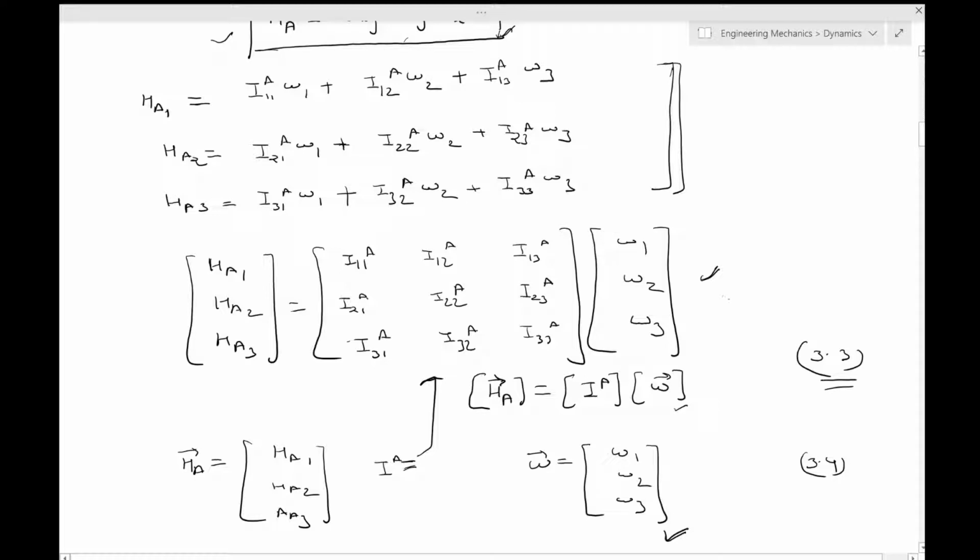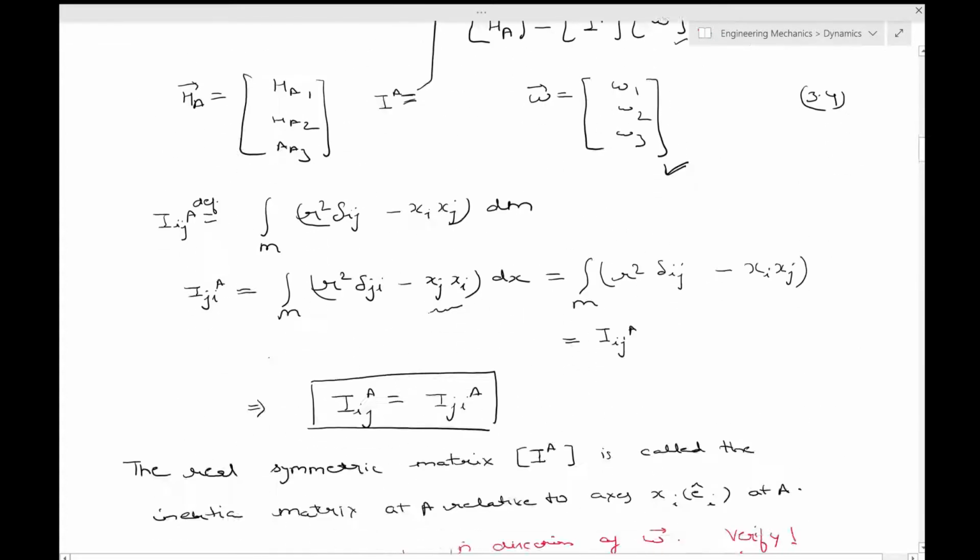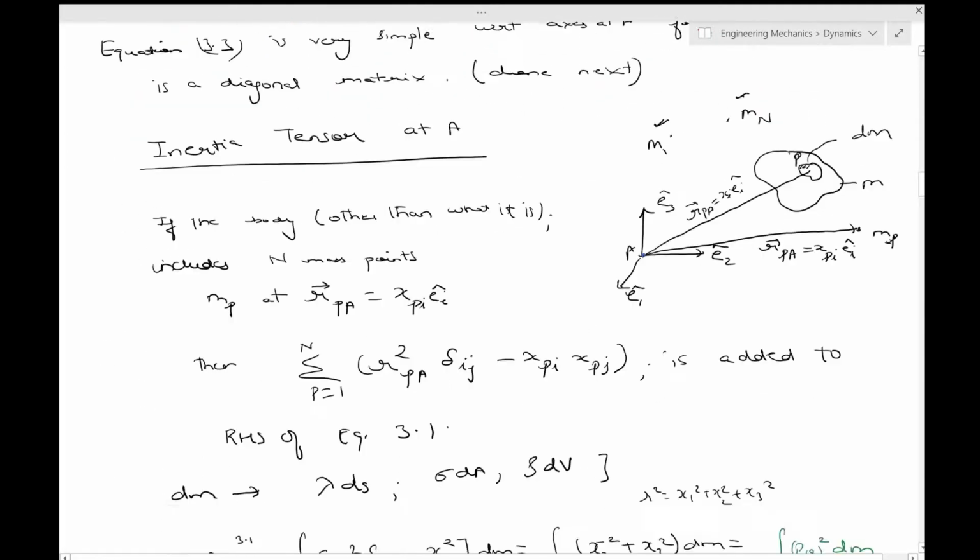Now you can imagine that if this is converted to a principal system, then you will not have these terms, you will only have the diagonal terms. That is exactly what we are trying to do now. We are trying to work under a transformation in which only the principal components exist. So let me do that.